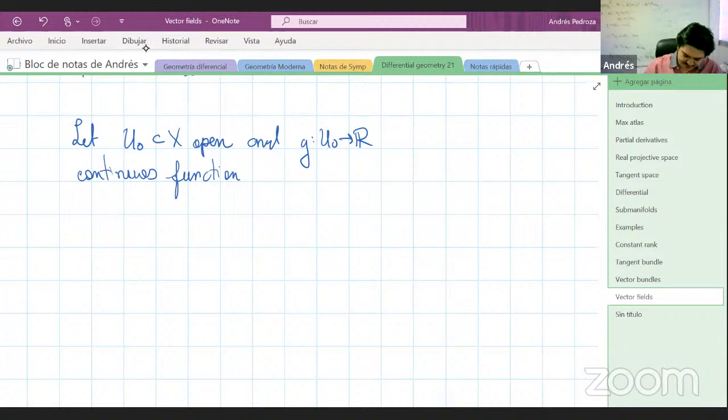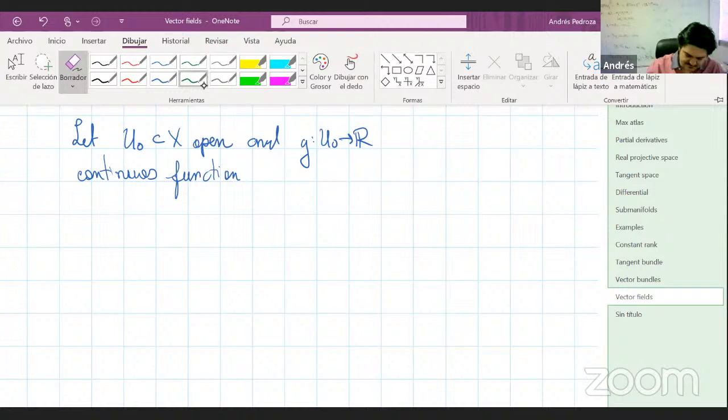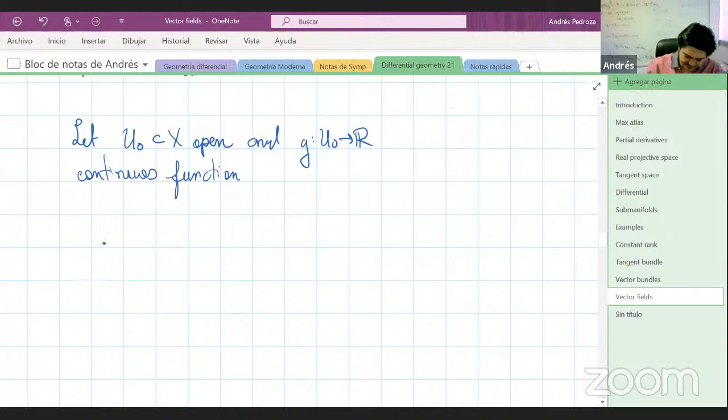So this is how continuity is going to work. This is U naught.